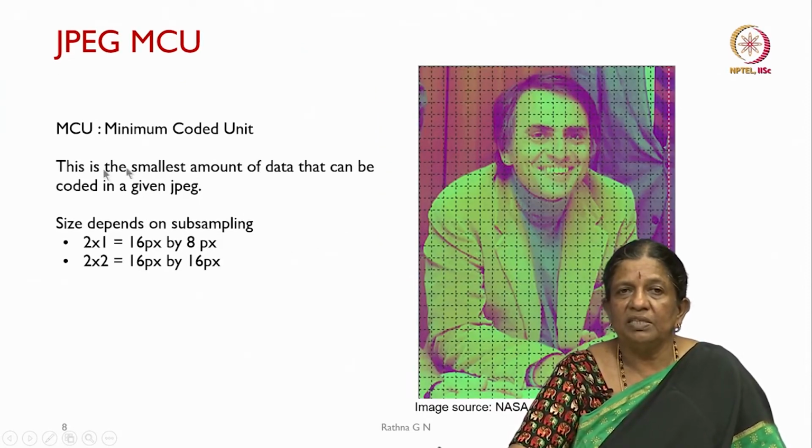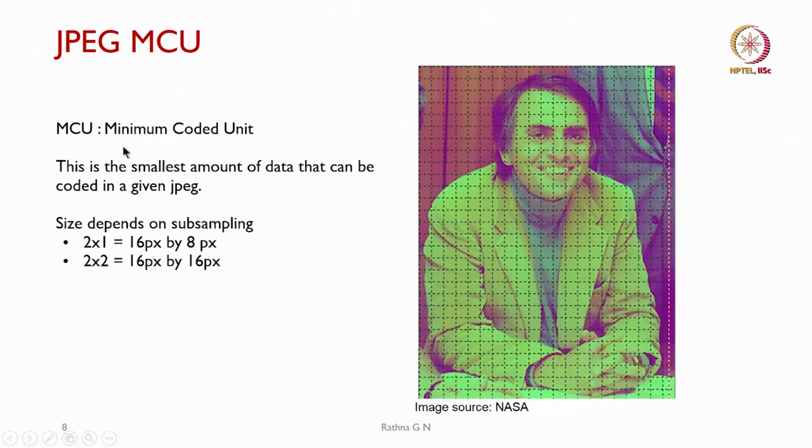So, what is that? That is what is called the JPEG minimum coded unit. This is the smallest amount of data that can be coded in a given JPEG. Its size is going to depend on subsampling. If we are doing 2 by 1, then 16 pixel by 8 pixel has to be stored.